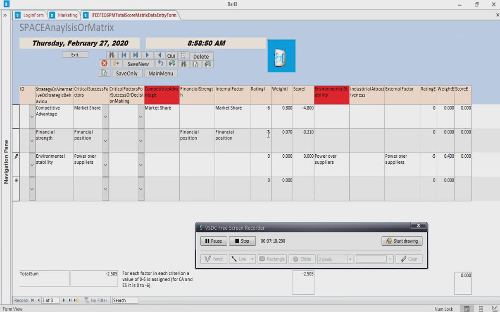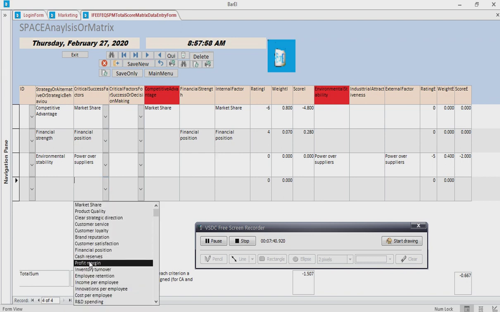It's supposed to be 4. Then industry attractiveness.